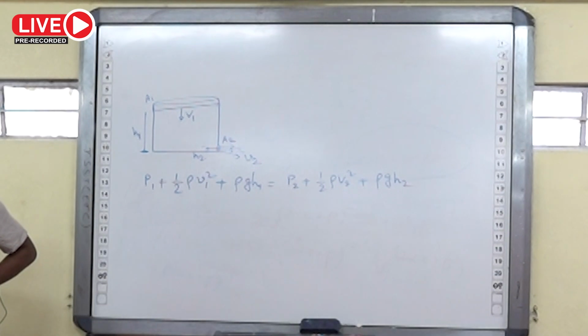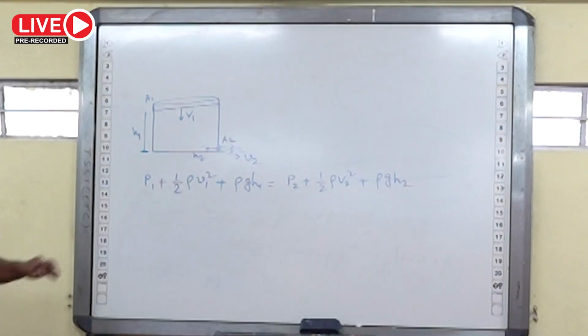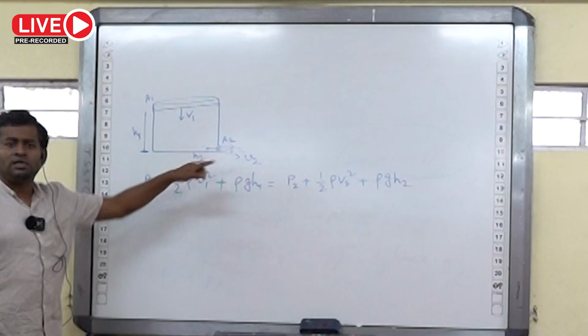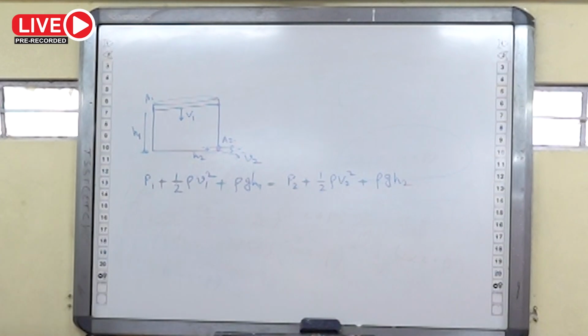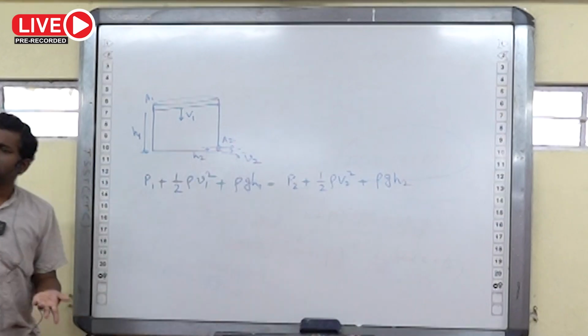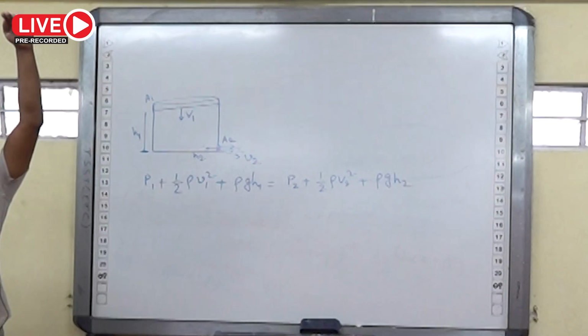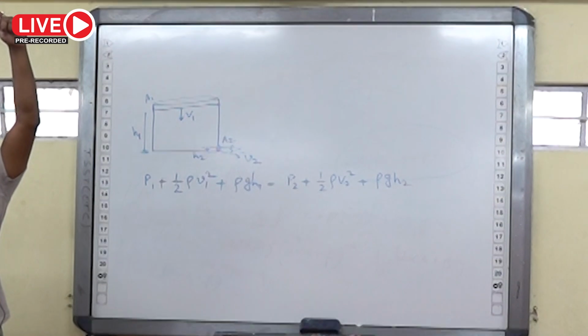Then we can consider that P1 and P2 for this tank are equal, because it is a tank filled with water. At this point and at this point the pressure is the atmospheric pressure. The height of the tank is not so great.